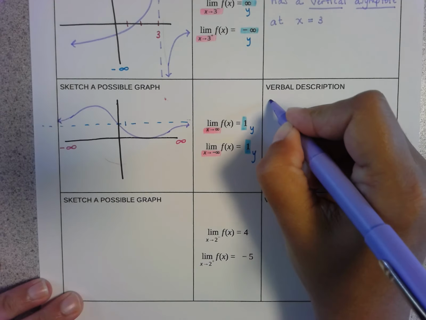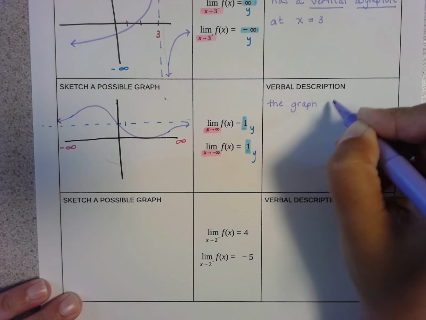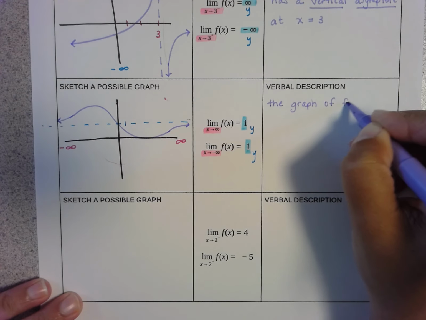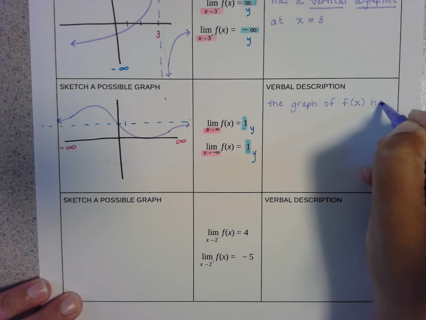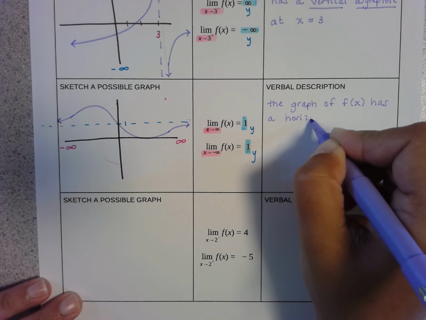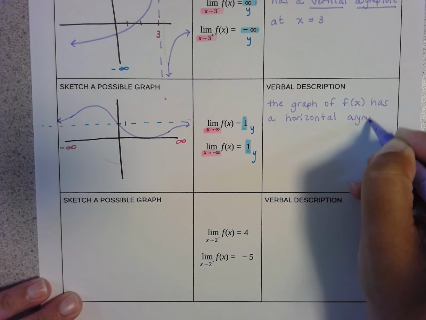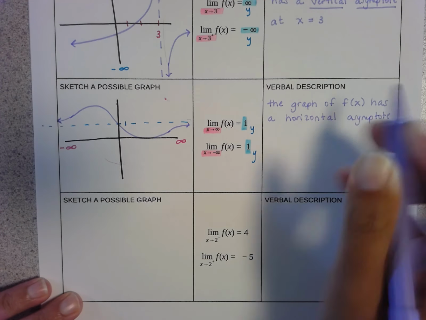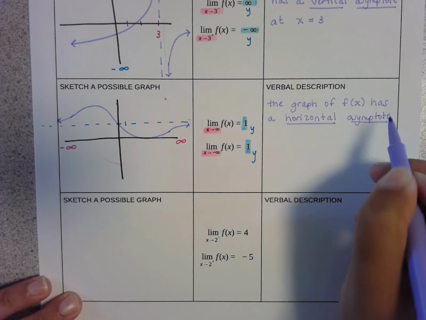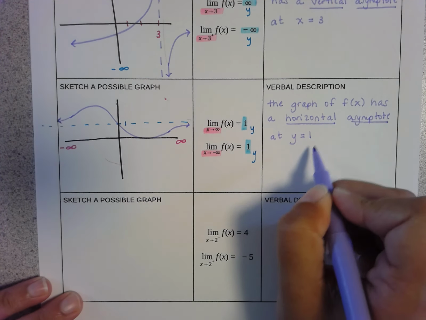I would say that the graph of f of x has a horizontal asymptote at y equals 1.